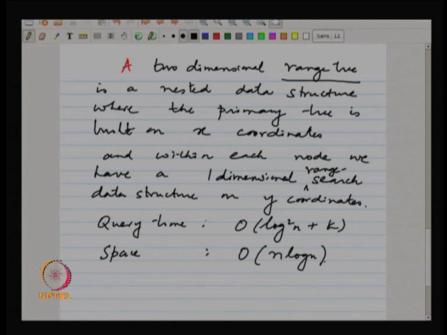What happens if you go to higher dimensions? Can you extend this scheme? So, suppose I go to 3 dimensions. Okay. Now, I have a box. I build a primary data structure, let us say on z.